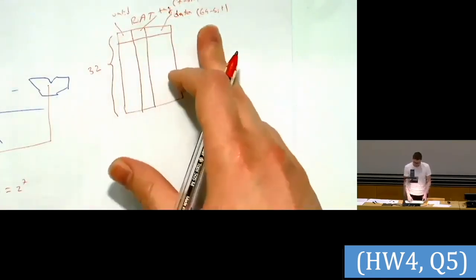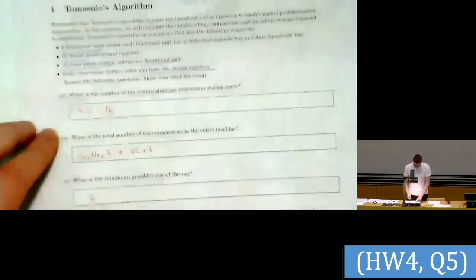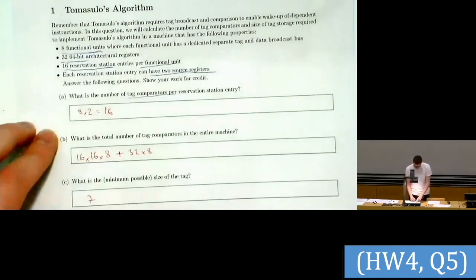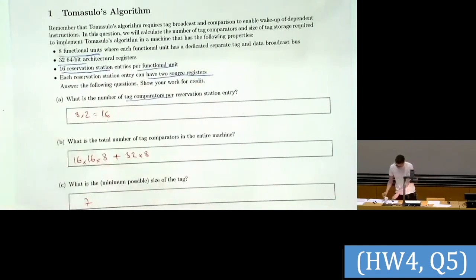So for a single entry, we will have 72 bits, and we have 32 entries in total. So it will be 72 multiplied by 32. Let me check if I'm missing anything. Yeah, that's it. This is the total storage needed for the register alias table.